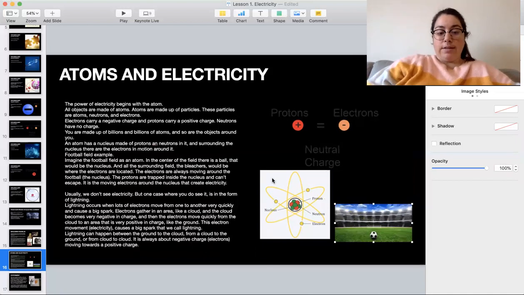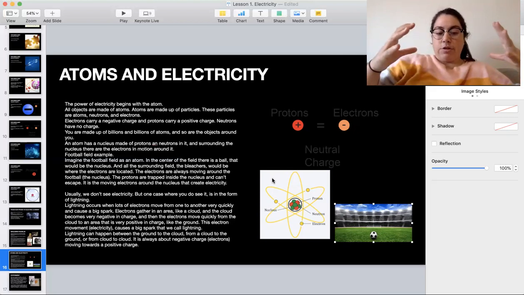And it's the moving electrons around the nucleus that create electricity. So electrons are really important for electricity. Usually, we don't see electricity, but one case where you do see it is in the form of lightning, okay? Lightning occurs when lots of electrons move from one place to another very quickly, causing a spark. Electrons gather in one place, for example, a cloud, and the cloud becomes very negative in charge because remember that electrons have a negative charge, okay?